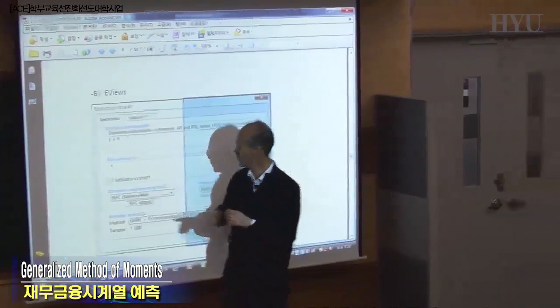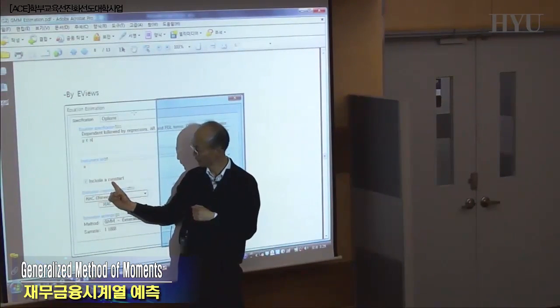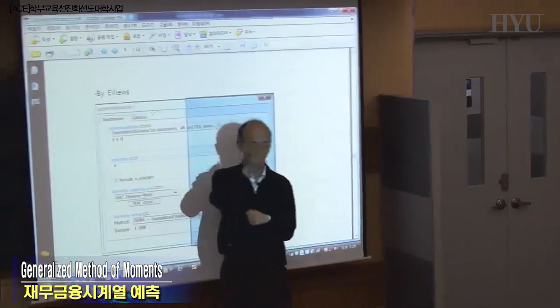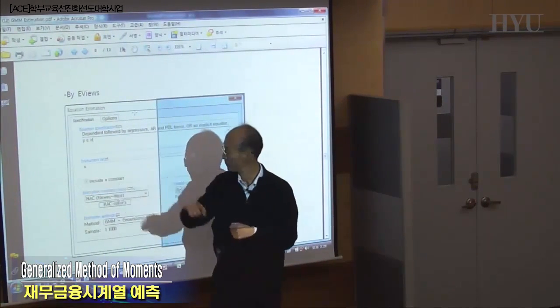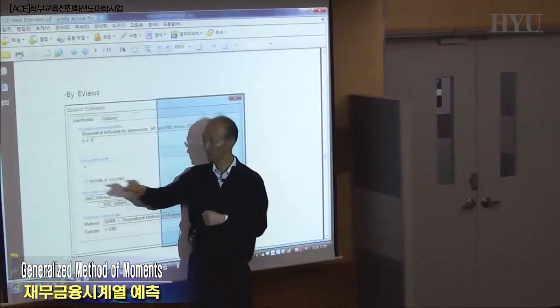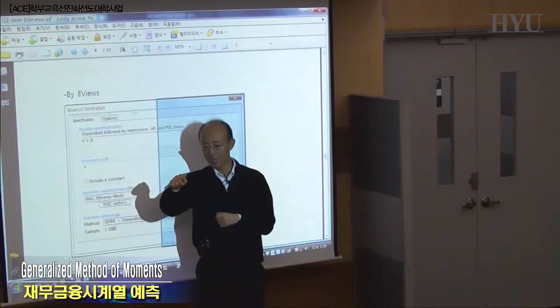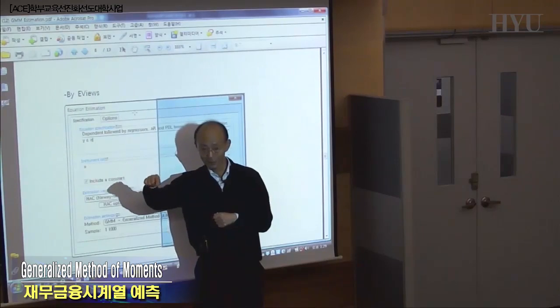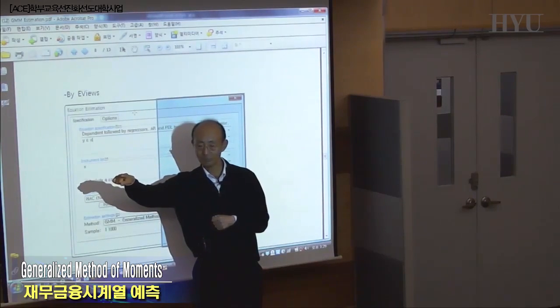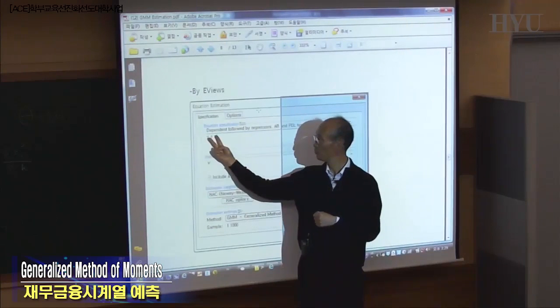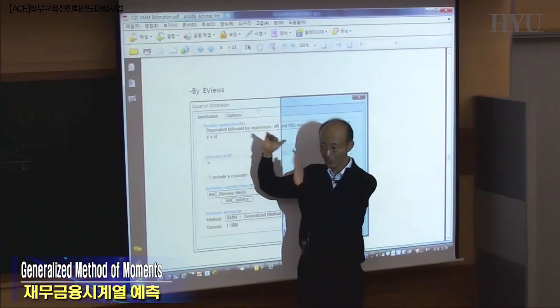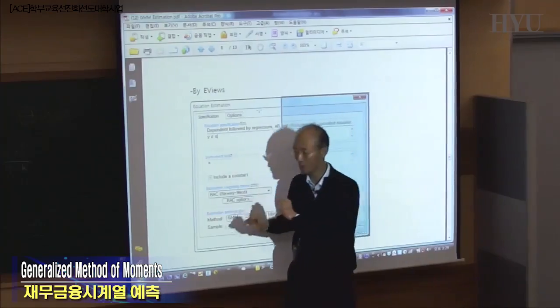So one moment condition uses the constant term: the expected value of epsilon is 0. That's the first one. The second moment condition is the expected value of x times epsilon is 0. So instrument 1, instrument 2, and 2 parameters to be estimated. So it's an exactly identified problem.